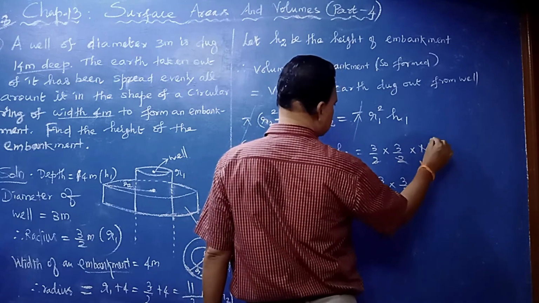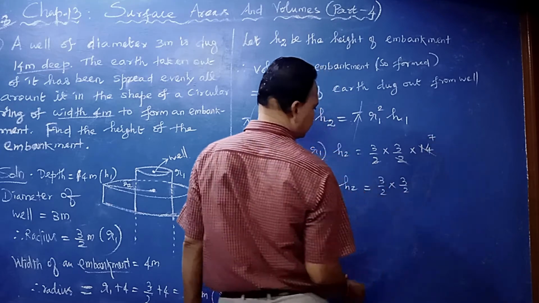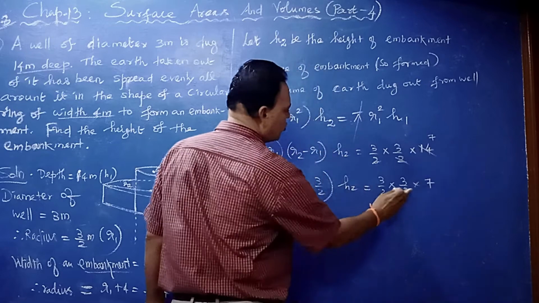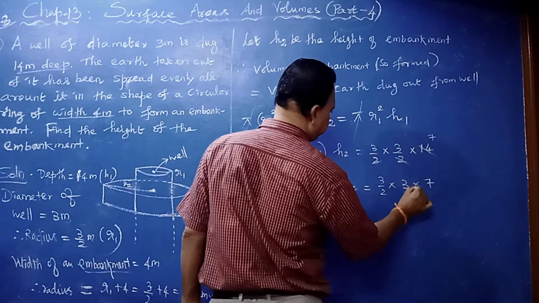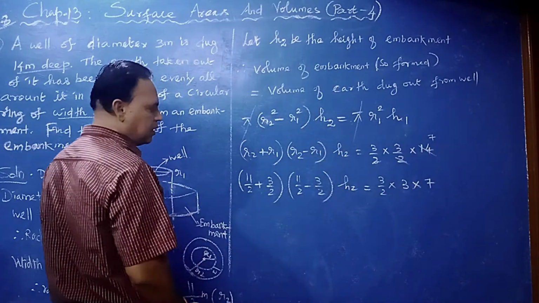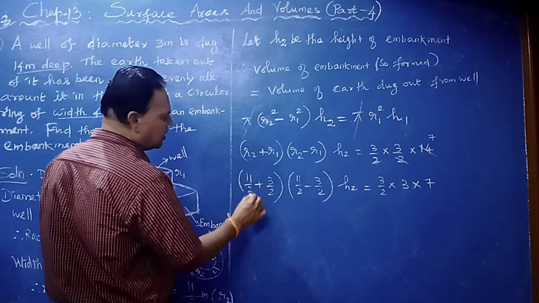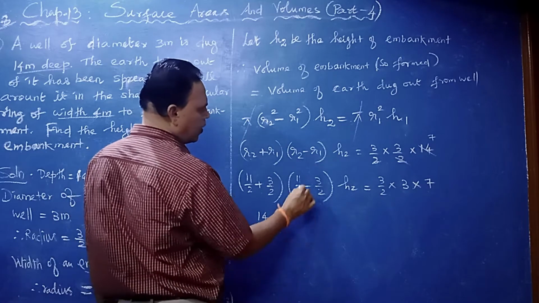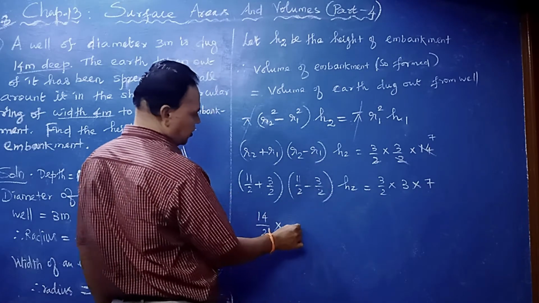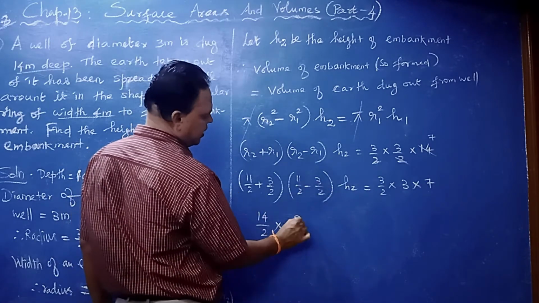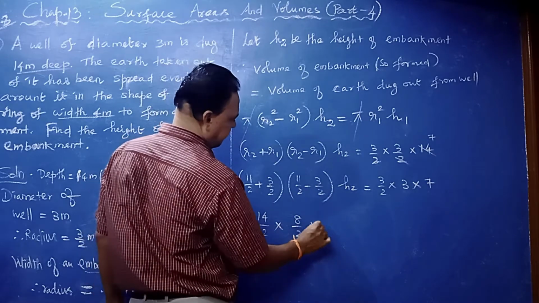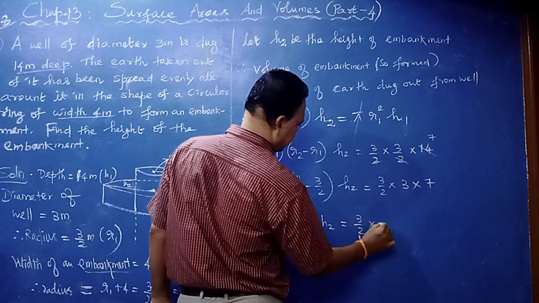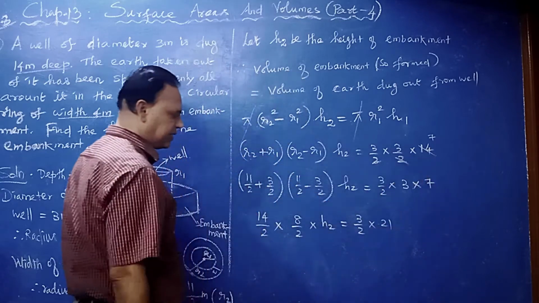You cut it, means 7 into 7, one 2 you are cutting. Understand? This will become 14 by 2 into 8 by 2, which is 21.